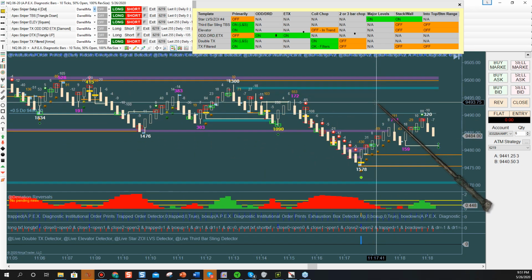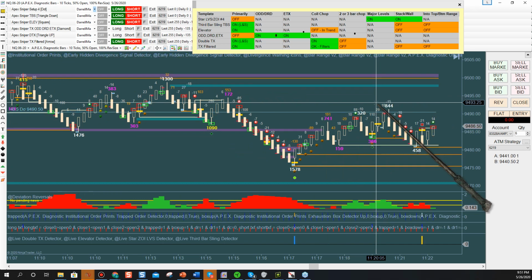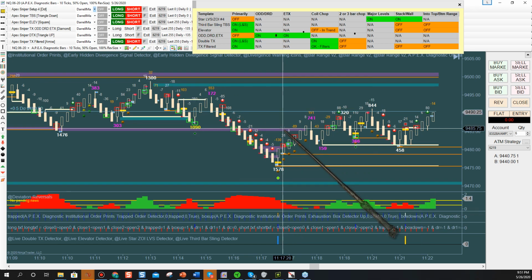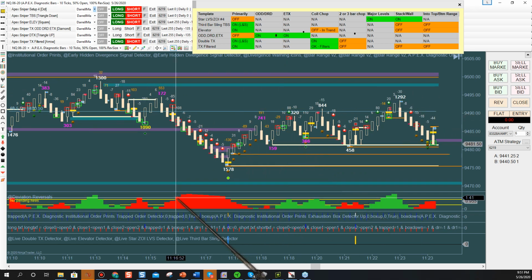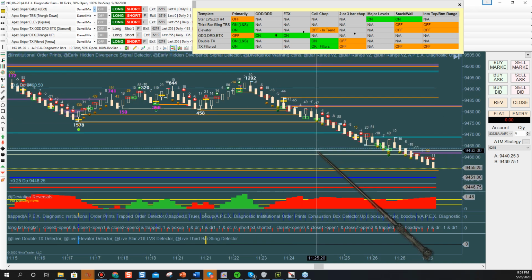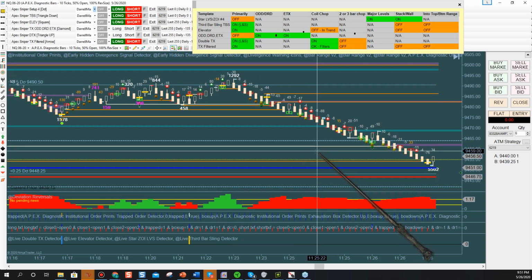Now it's trade. So you just want to see it starting to actually move, about an hour later, about 11:30 or so. When it starts to move again, then you know you've got market movers moving the market.